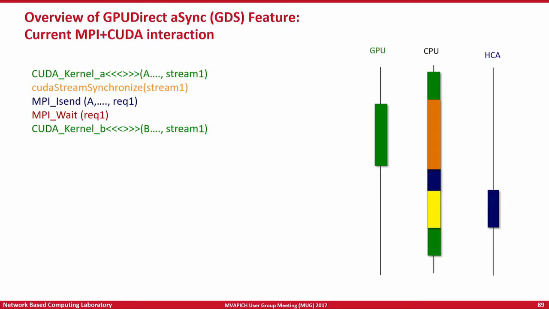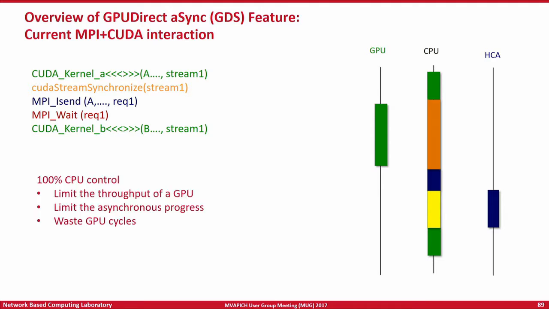Can we enable more asynchronous progress? GDS aims to decouple the control flow between GPUs and CPUs. So the idea is for the CPU to tell the GPU, okay, here is a kernel, you do this computation, and once this computation is finished, you do a send operation. If the CPU does all of that, then the CPU really doesn't have to wait until the kernel finishes and wait for the send operation.